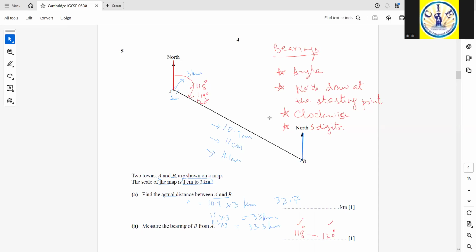And then we need to move in the clockwise direction. So we need to measure this angle. Now if we draw a hypothetical vertical line like this, it is very much clear that up till here the angle is 180 degrees, and then we need to add this angle as well.